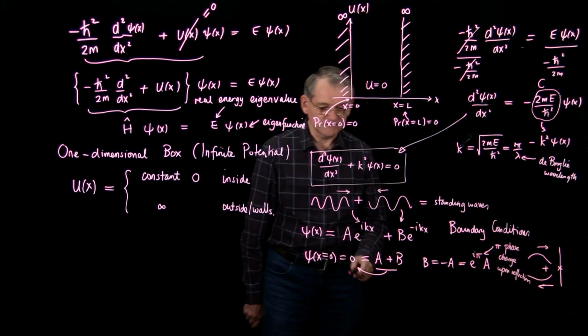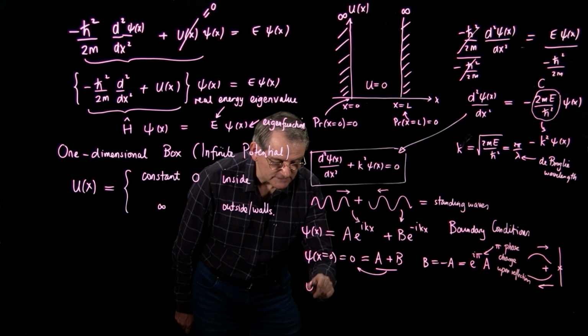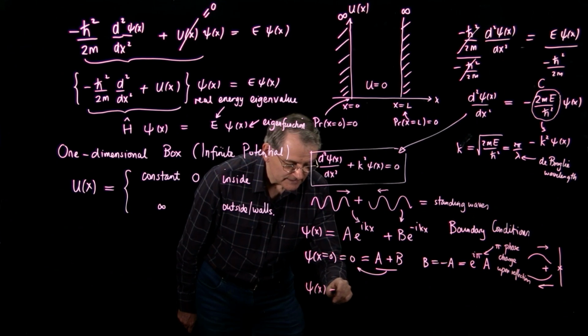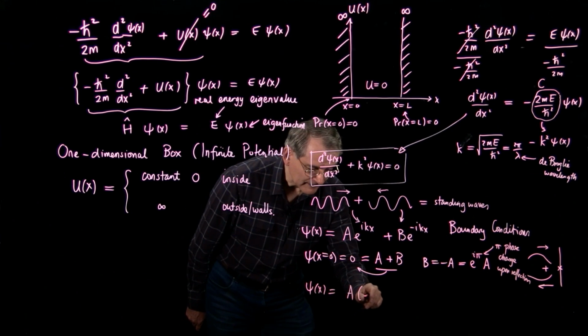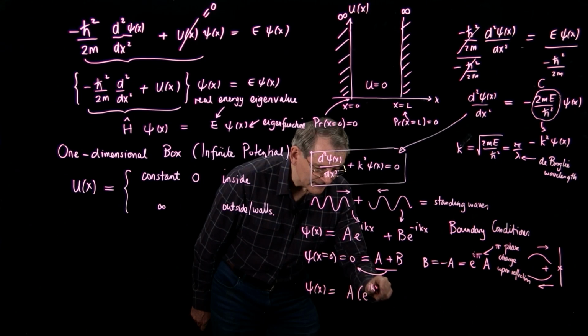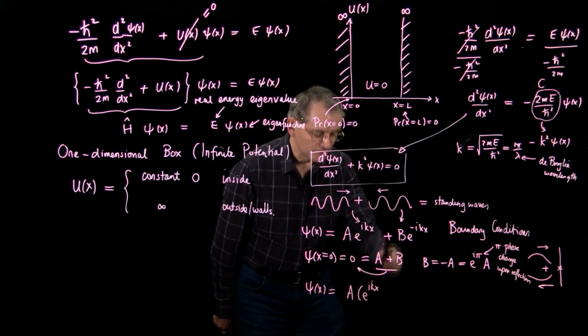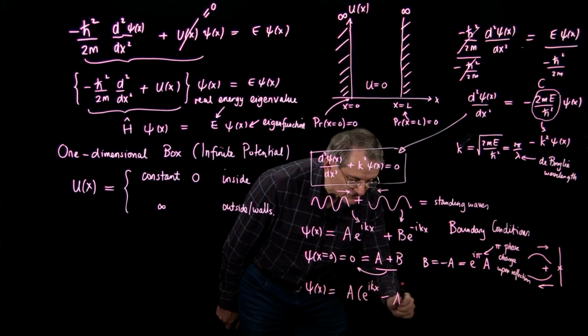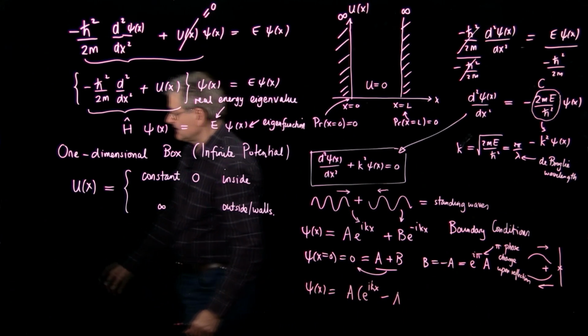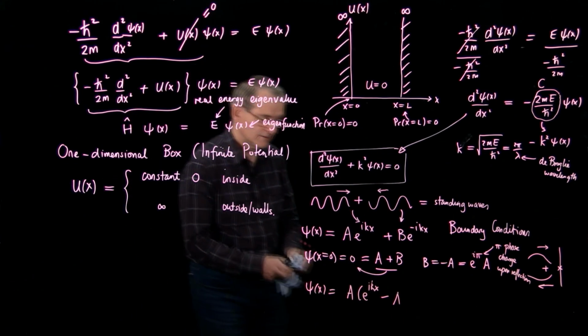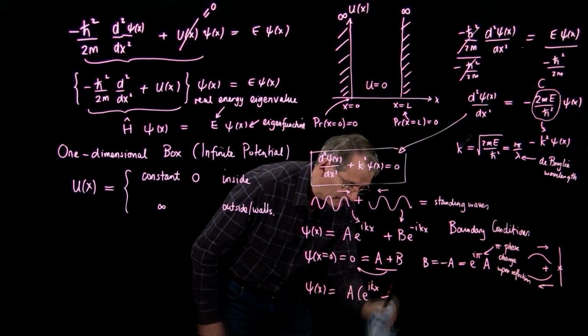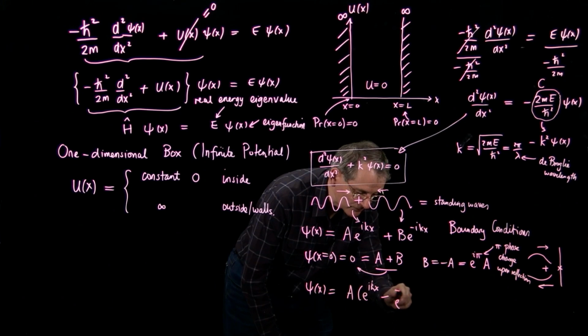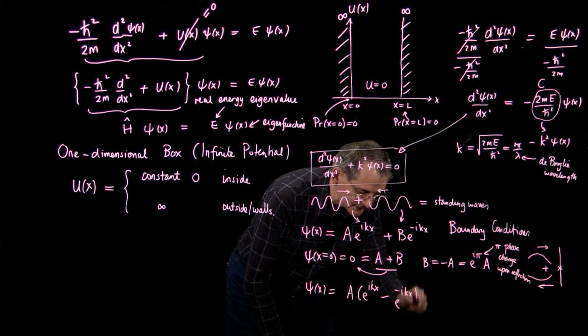Okay, so this means that the solution will look like this. Psi of x is equal to a, e to the i k x, but b is equal to minus a, so I'll just put a minus sign there. And because I'll take a outside the brackets here, I'll write this as e to the minus i k x.